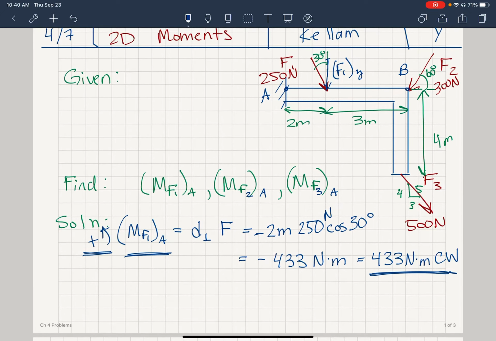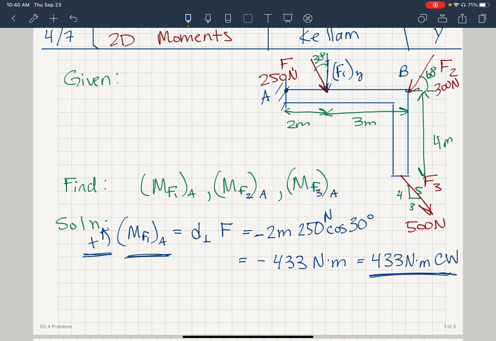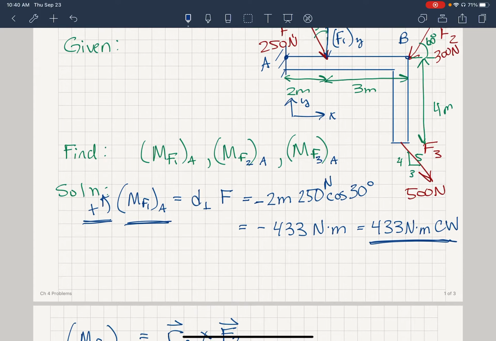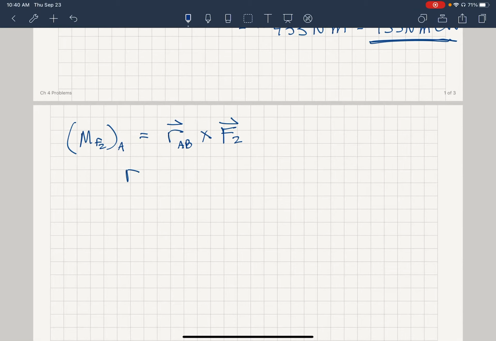So the position vector from A to B is just going to be 5 meters in the I direction. So we're making this X and up is Y. So position vector of A to B, which also could be written as position vector of B with respect to A.